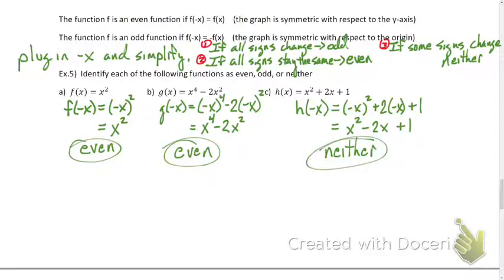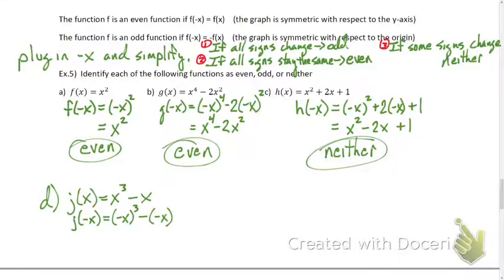And we need an example for an odd, so let's give ourselves a part D. Let's call this J. Let's say x cubed minus x. So I plug in negative x. This time I have an odd exponent, so there's nothing to really cancel out the negative with.